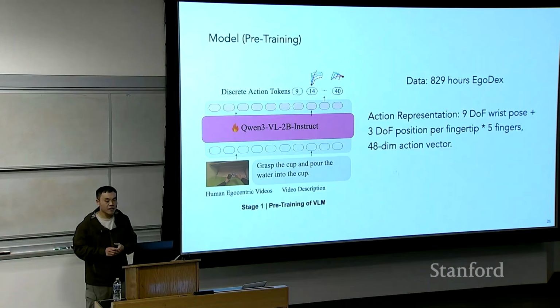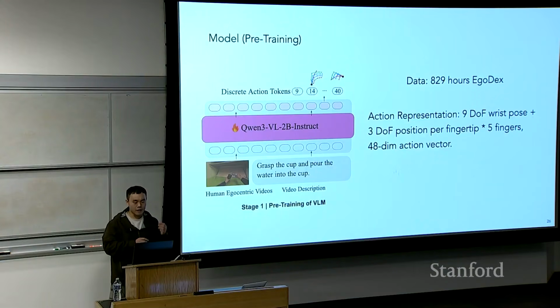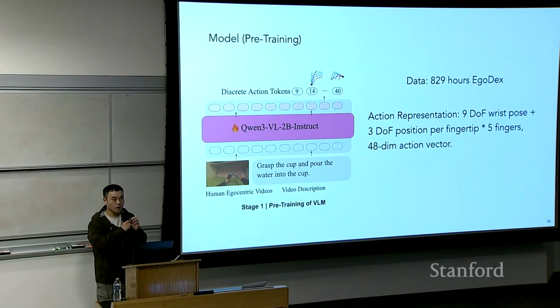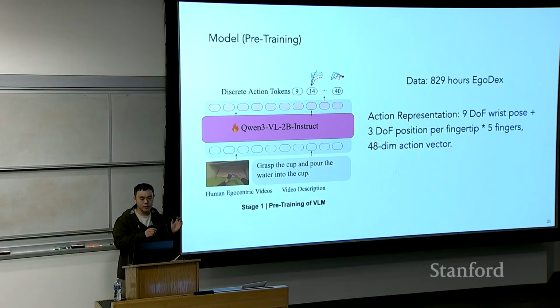And in terms of the action representation, we use a 9-DOF wrist pose plus a 3-DOF position per fingertip times 5 fingers. So if you do the calculation, there are 24 DOFs for each hand, and then in total we have a 48-dimensional action vector to represent the action. This is the prediction target.